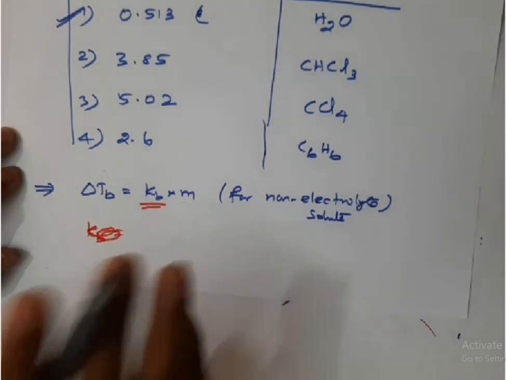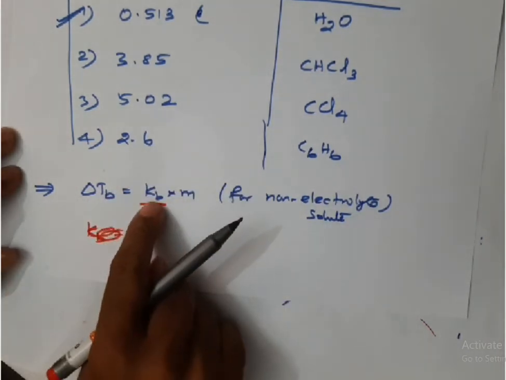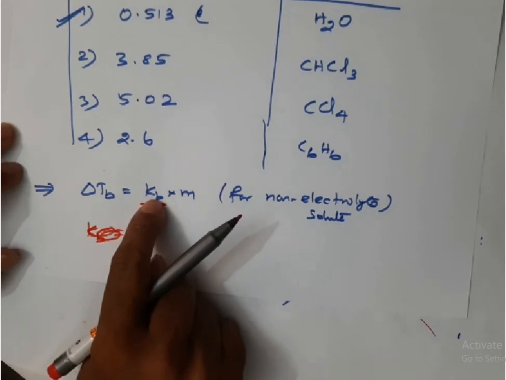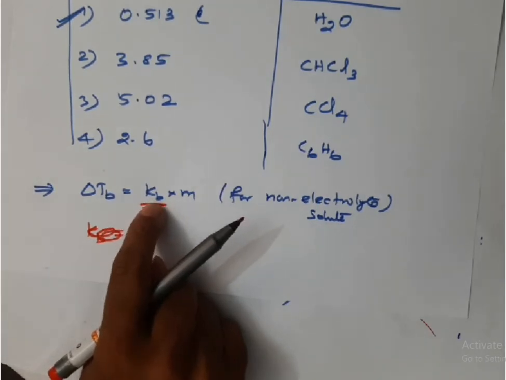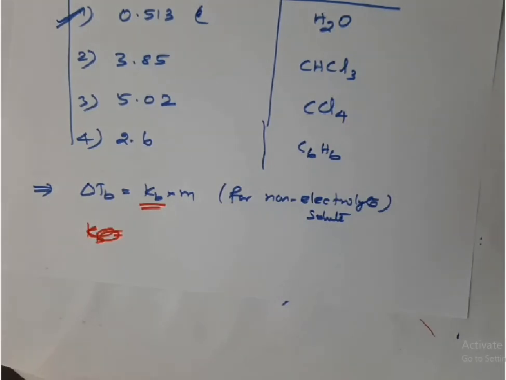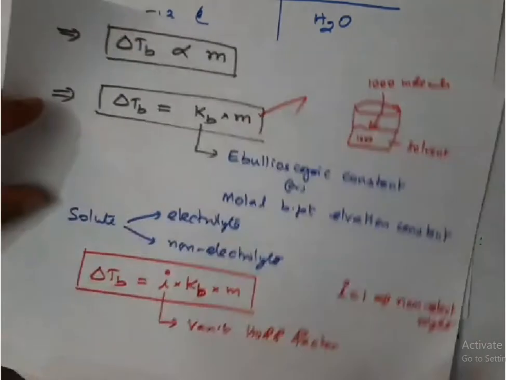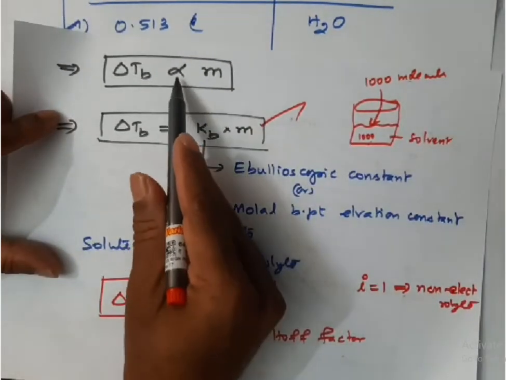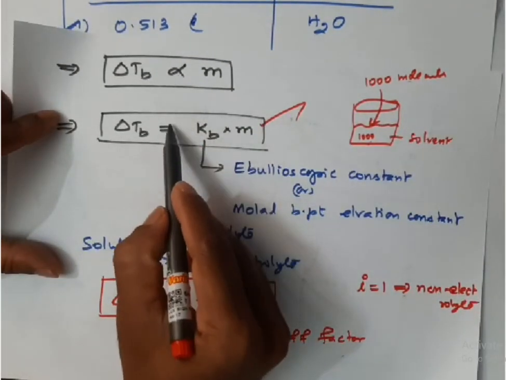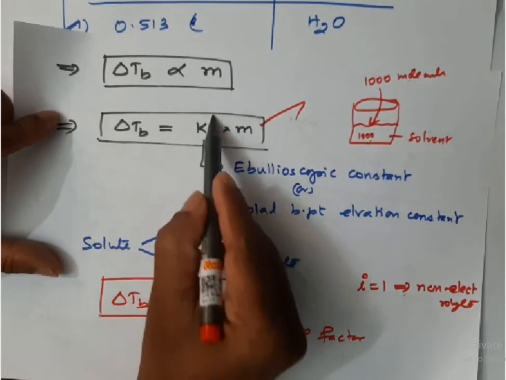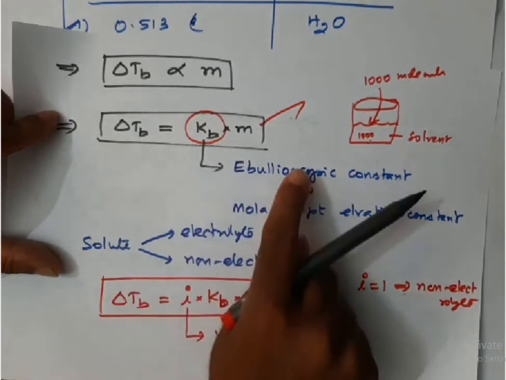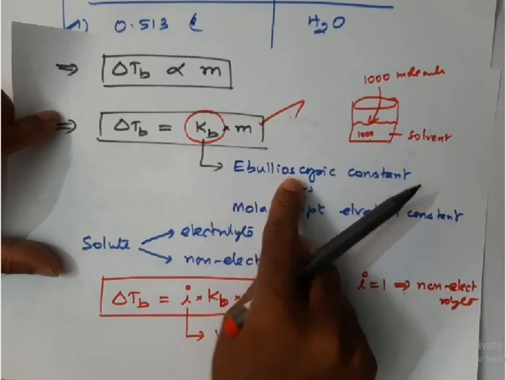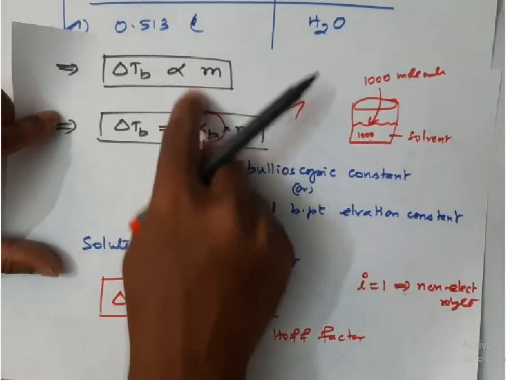Whenever you want, you need to find the proportionality constant. I told you this in the beginning: delta Tb is directly proportional to m. If we convert the proportionality into equality, we should introduce a constant. This constant is called the ebullioscopic constant, but mathematically it is called the proportionality constant.